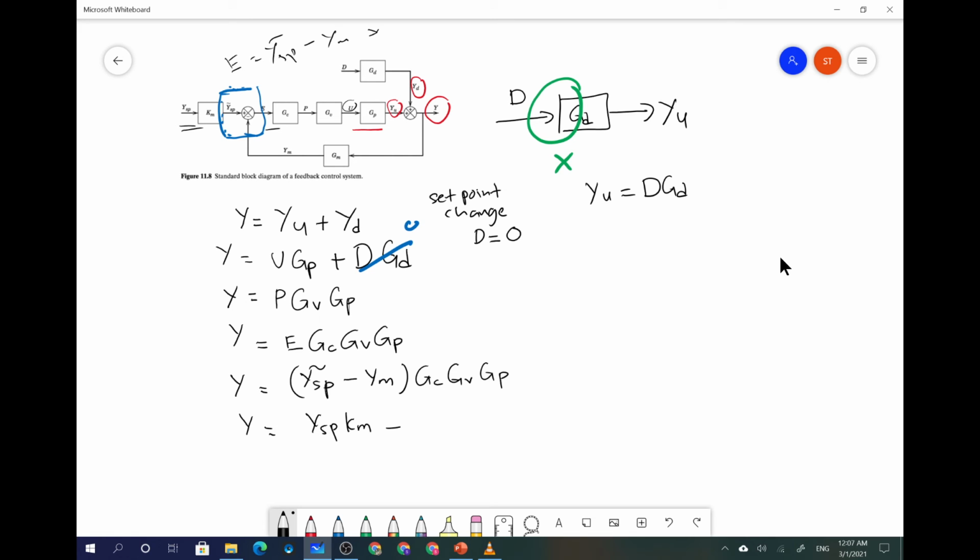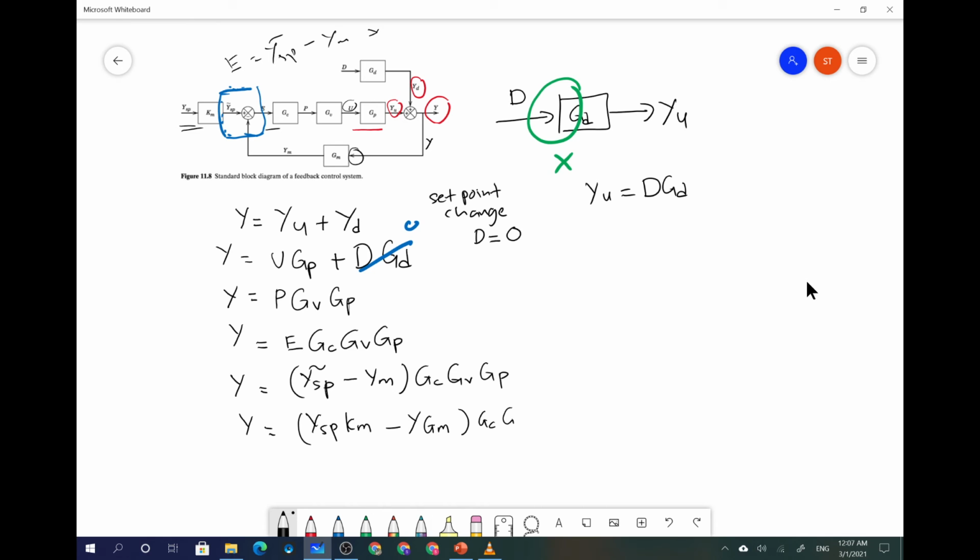How about Ym? Ym is basically, this is also y here. This feedback line is also y. So we have y. Remember, this arrow means times Gm.